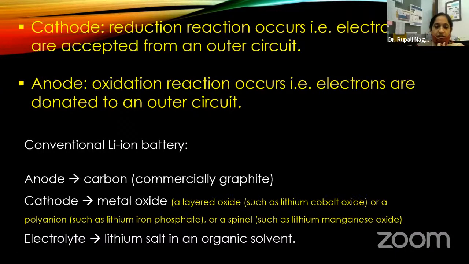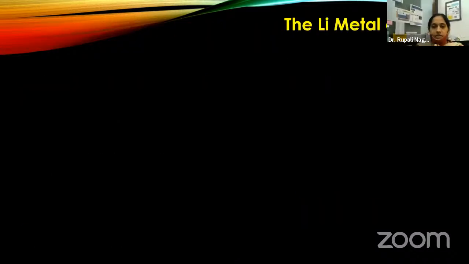Commercially, it is graphite. The cathode is some metal oxide of lithium. Different possibilities are there. It could be lithium cobalt oxide, lithium iron phosphate, or lithium manganese oxide. The electrolyte is some lithium salt in an organic solvent.